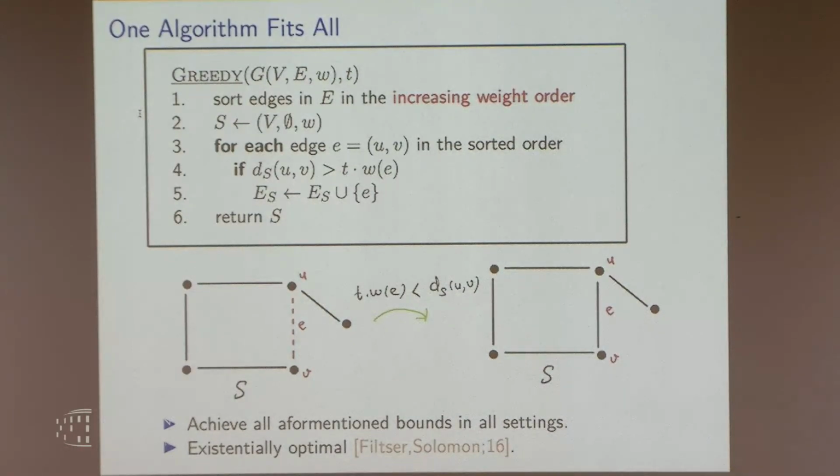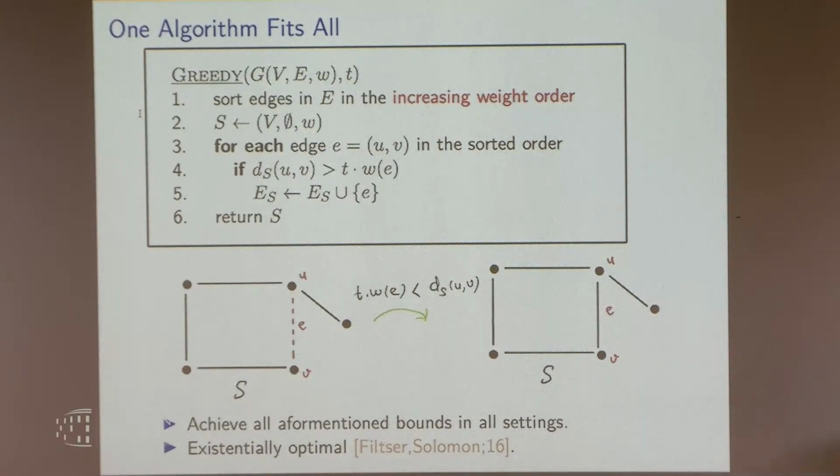If so, you put it into the spanner, because the edge seems to be necessary. Otherwise, if the distance in the spanner is already good, you ignore the edge and consider the next. Very similar to the classical one, it actually achieves all the aforementioned bounds in all settings. This is kind of weird.